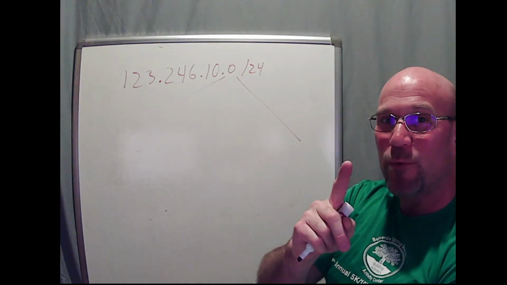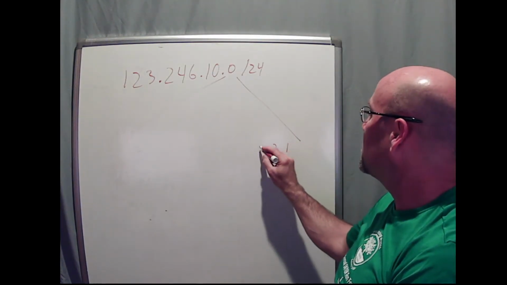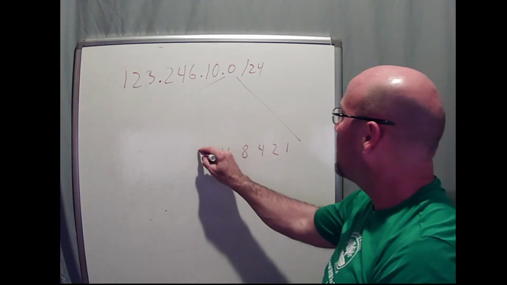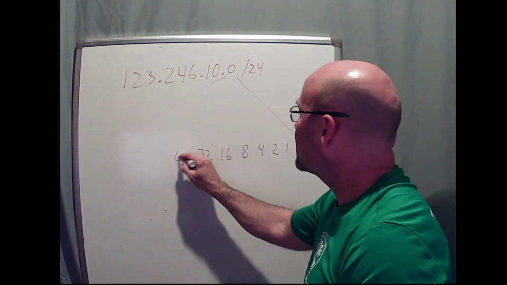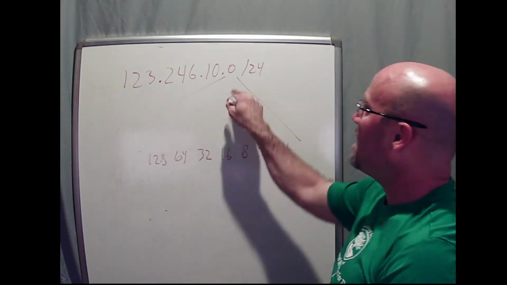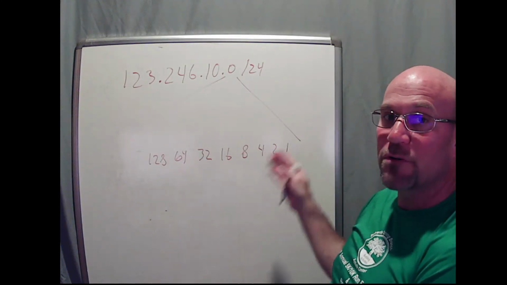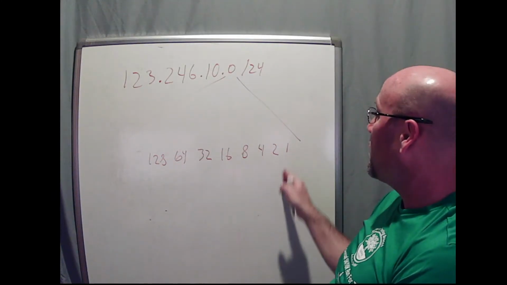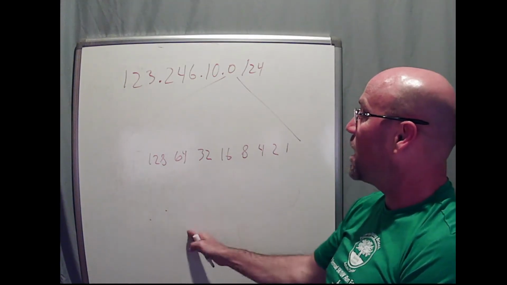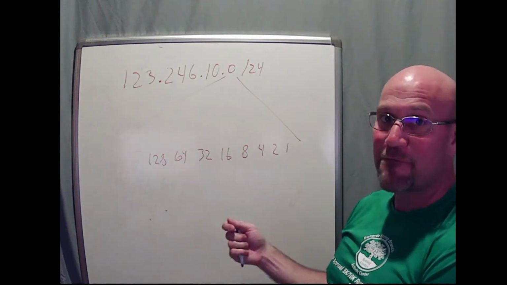If you can remember the number 1, you can remember the scale: 1, double it, 2, double it, 4, double it, 8, 16, 32, 64, and 128. These are the 8 binary digits of this 4th octet. They're placeholder values. So any binary digit that falls under one of these placeholders takes on that value.